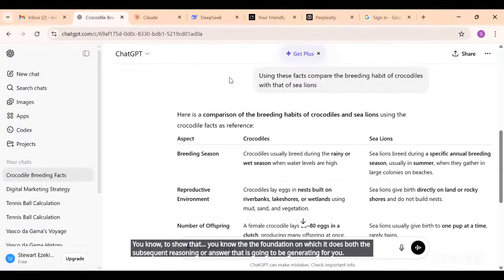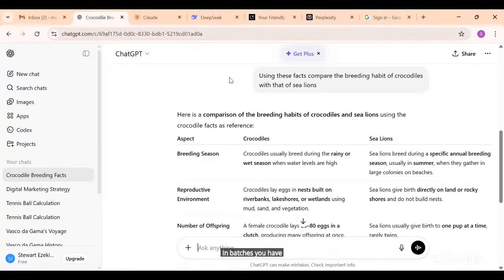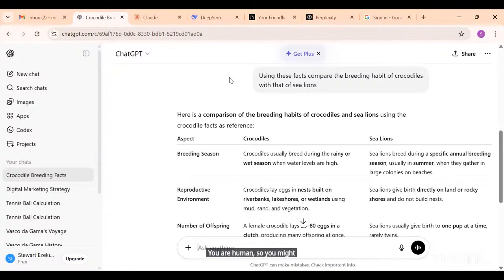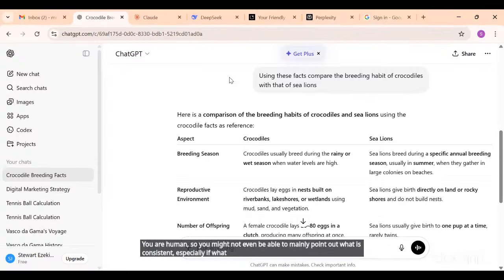Okay, that's it. So you have chain of thought where you ask it something in batches. You have self-consistency where you generate something different times and pick which one is consistent. But you're human, that's why I gave you this last prompt earlier on. You might not be able to immediately point out what is consistent, especially if what was generated is very large.